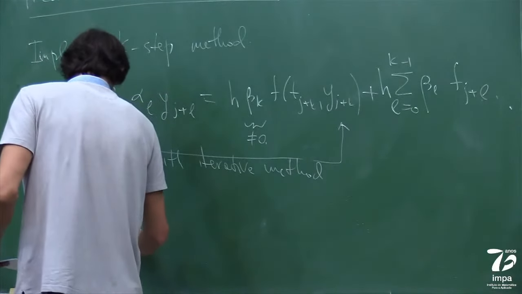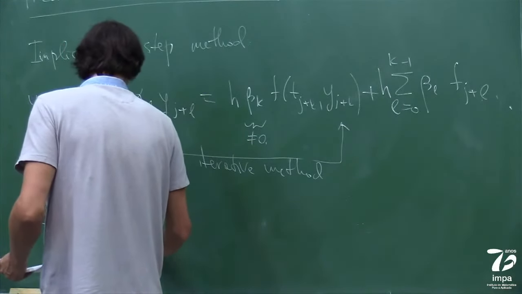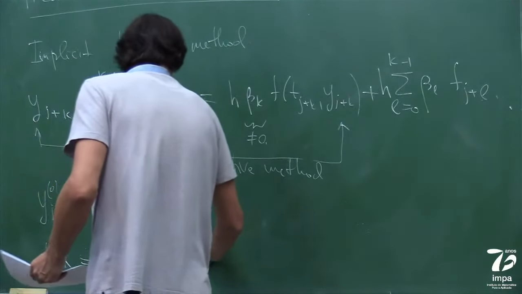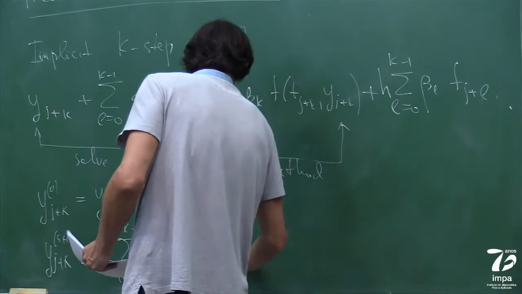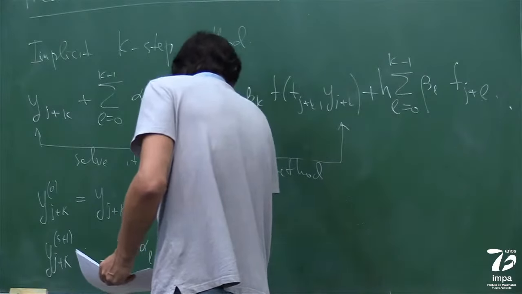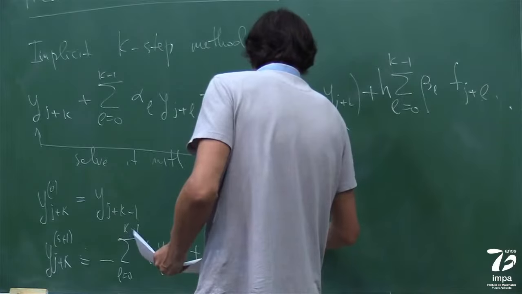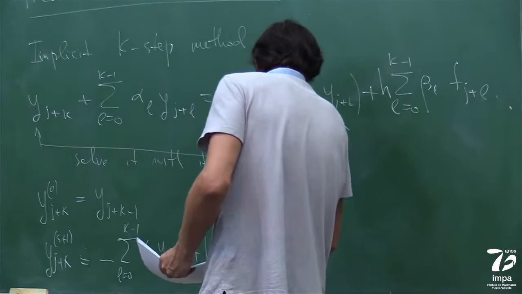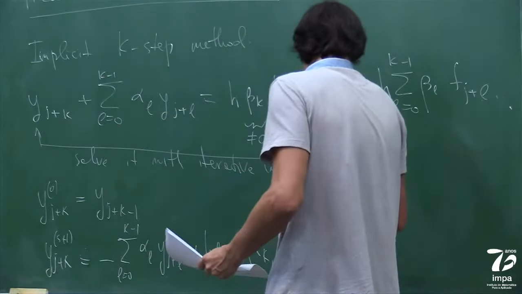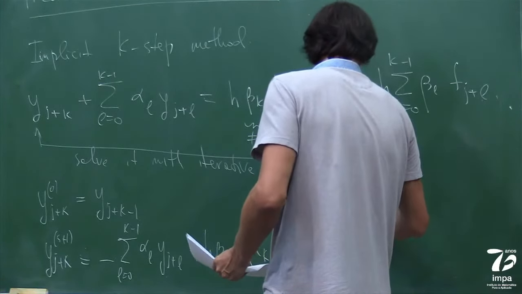So it becomes minus sum from 0 to k minus 1, plus h beta_k f(t_k). So here it's important that we put the previous iteration term here to compute the next iteration. And then this term which doesn't change again.